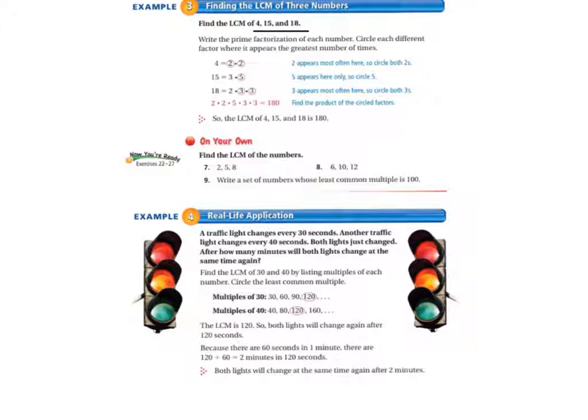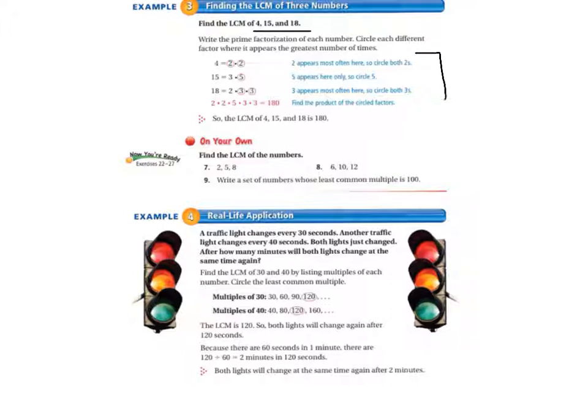If we look at our prime factorizations, 2 appears the most often here, so there's nowhere else where there's more than 2 2's, and 5 appears the most often in 15, so there's nowhere else where there's more than one 5, and 3 appears the most often in 18. There's nowhere else where there's more than 2 3s.